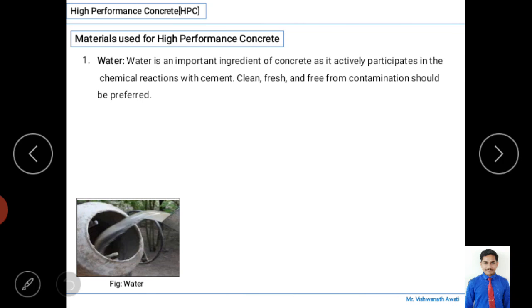So water quality is very important. Water standards are there for use in construction. We cannot use all types of water. Within the standards only we have to use it, and generally we have to use clean, fresh water, free from contaminations.